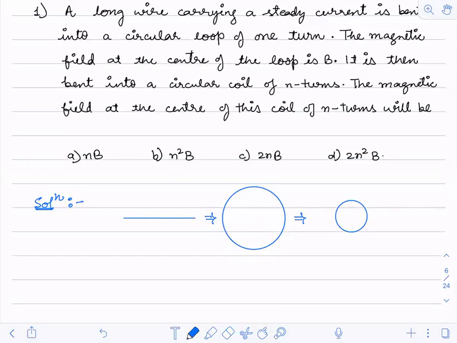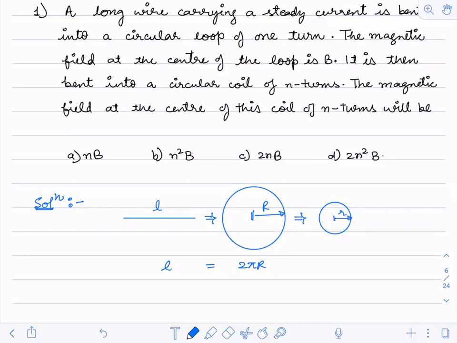So what is the question over here? Initially I'm having L length. Here the radius is, suppose, capital R. So the L will be converted into 2 pi capital R, and for the coil this will be small r.